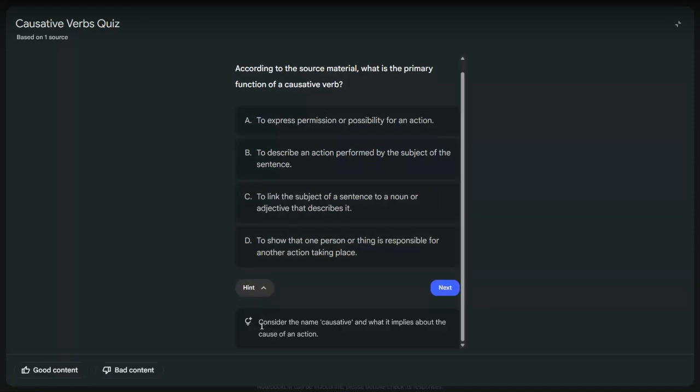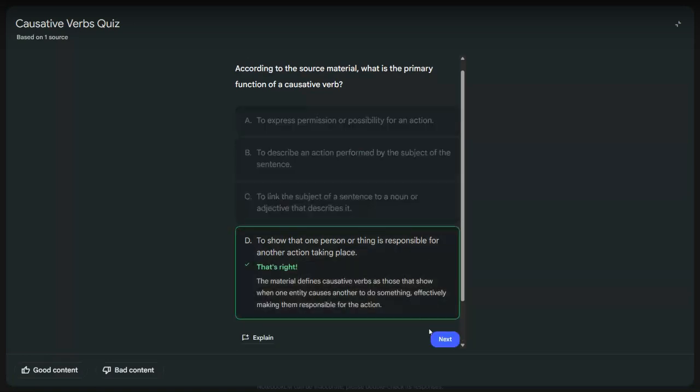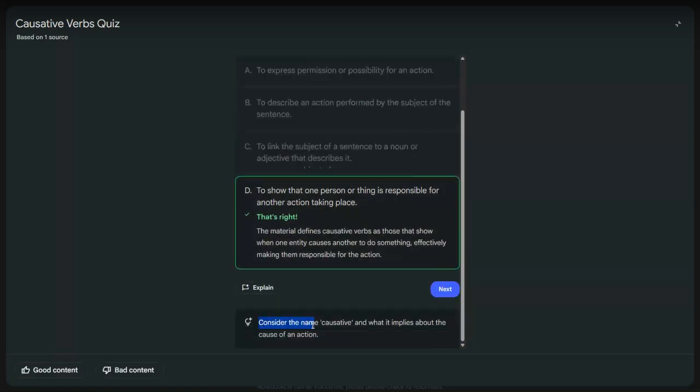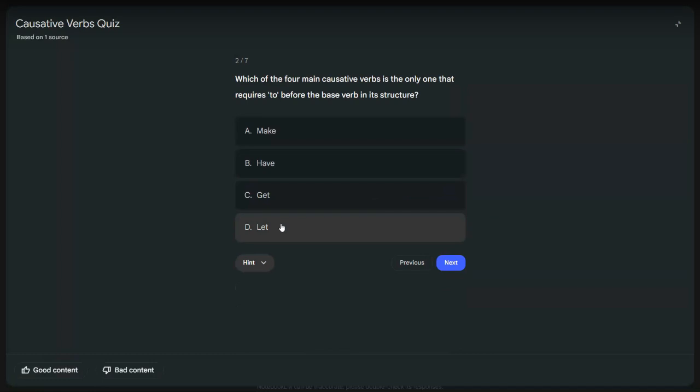D. The hint was to consider the name: causative implies the cause of an action. So D was the right option. That means a causative verb is to cause something to happen or make someone do something.